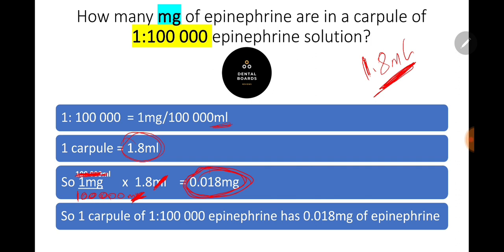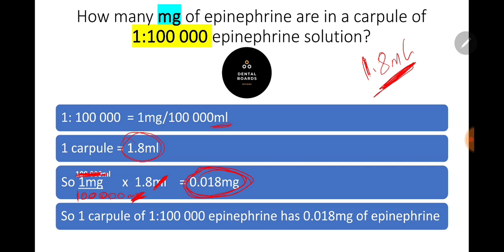So how many milligrams of lidocaine are in 2% lidocaine with epinephrine? It is 36 milligrams. And how many milligrams of epinephrine are in one standard dental capsule? It is 0.018. Let me be short with that.